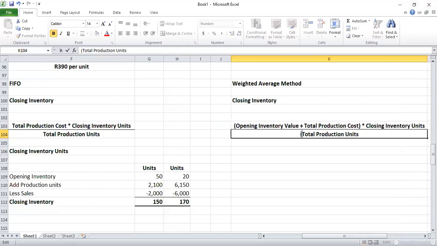At the bottom again, we'll add the opening inventory units. That will be the difference if we're using the weighted average method.